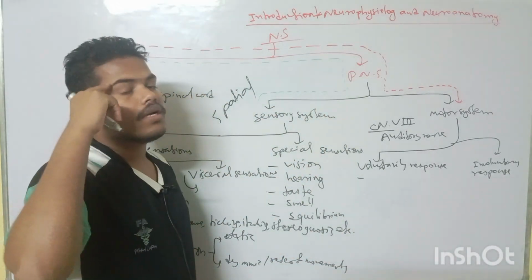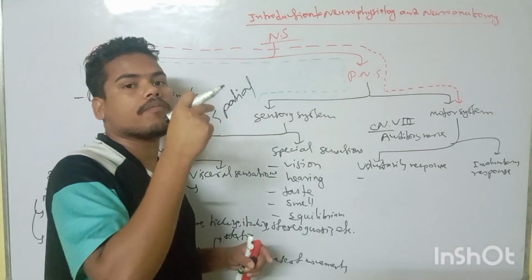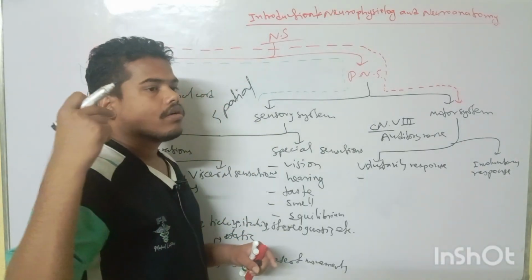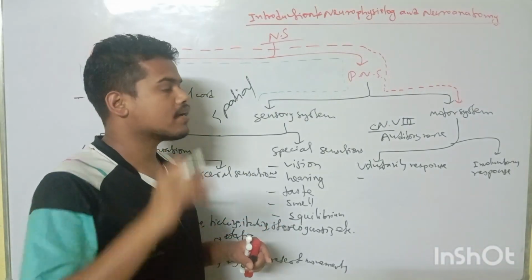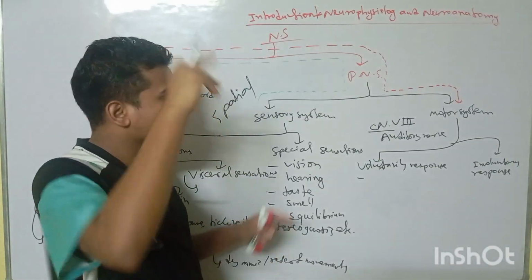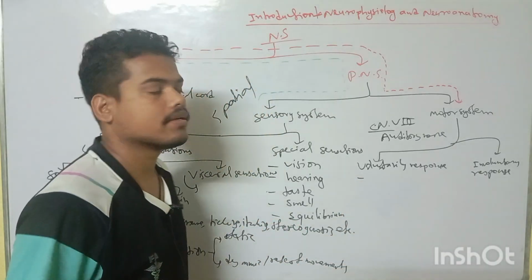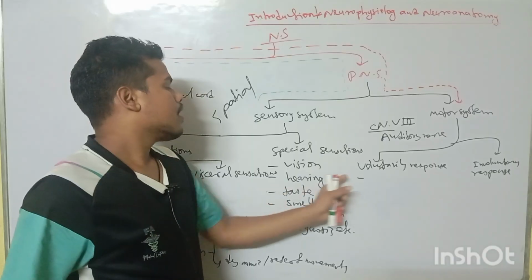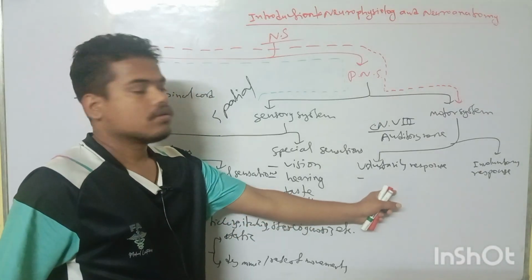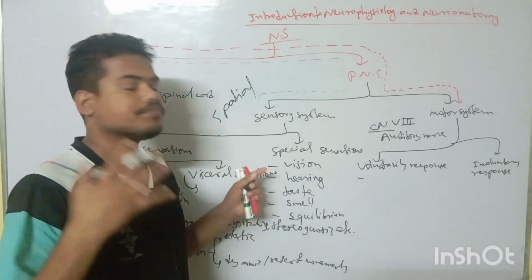First I will decide, and then the decision will be sent to the cortex through various pathways, and the cortex sends the motor response, and I will move my hand. There are various manipulations and integrations occurring there.